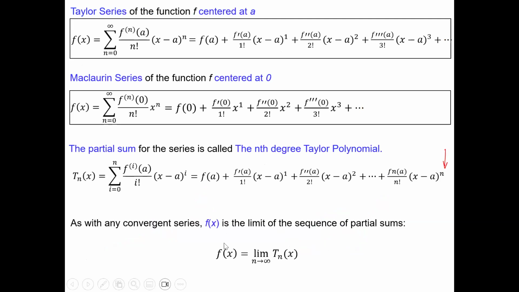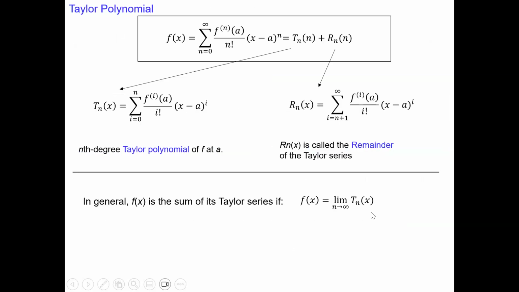And we may approximate a function by the Taylor polynomial, but actually with any convergent series, f of x is the limit of the sequence of the partial sums, of course. Okay, and just to clarify, we remember the Taylor series can be split into the Taylor polynomial plus the remainder.